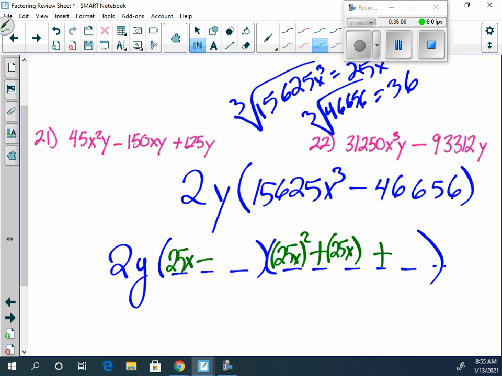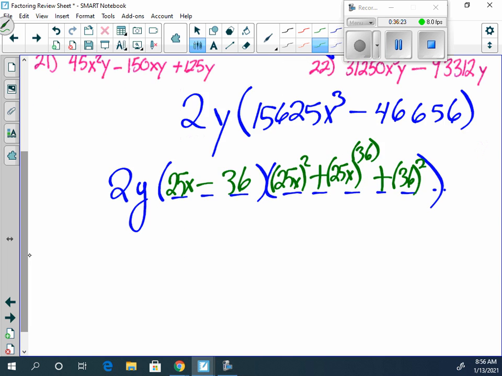And then that's it. So for our first term, 25x, it's only going to be really filled in 3 spots, and one of those will be squared. Now for the other spot, we have 36. 36 times 36, and here we'll have 36 squared.